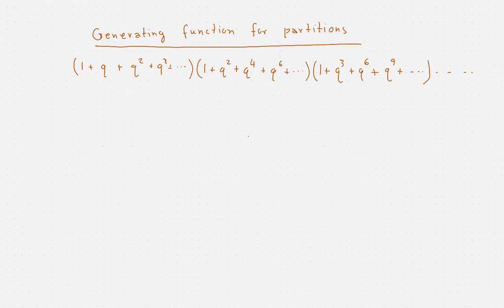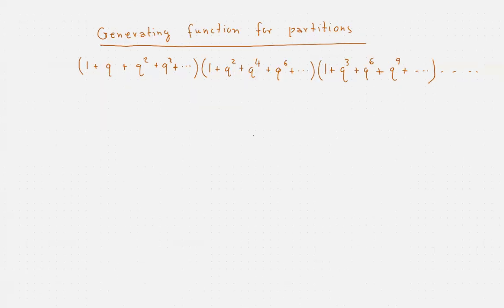So that's the first step, to understand how this product is taken. The second step is to get a little deeper in the structure of this product. What I did already looks interesting, but it's meaningless as far as partitions are concerned.